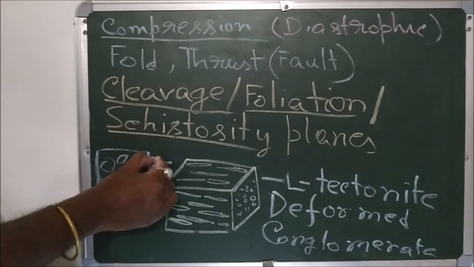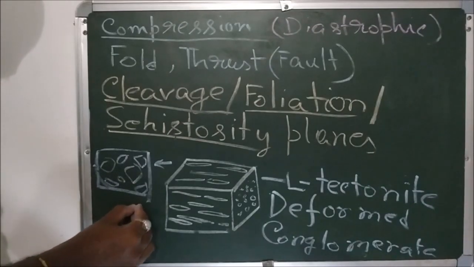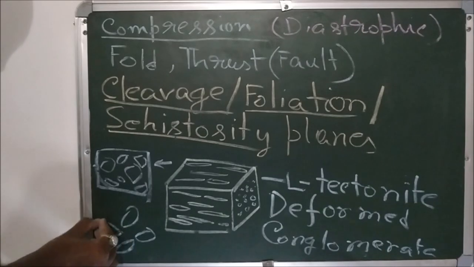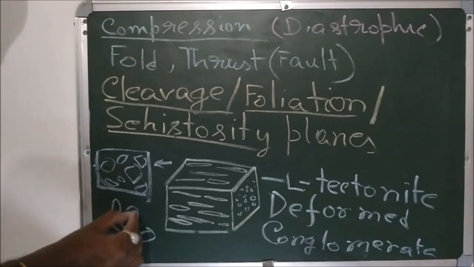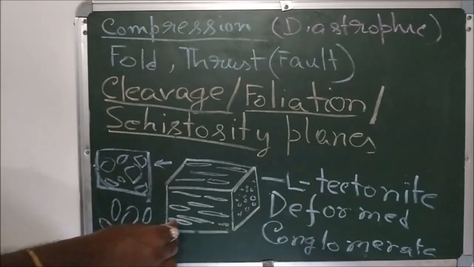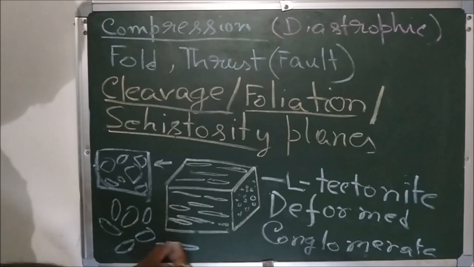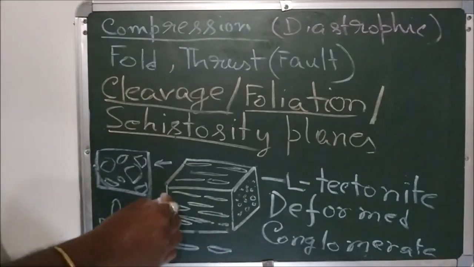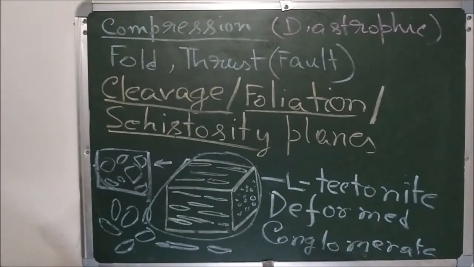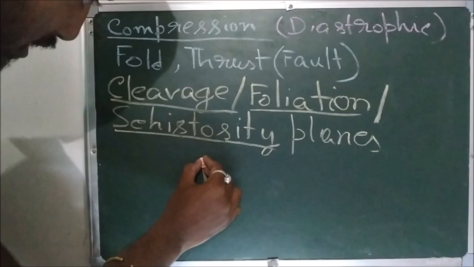So if we compress this conglomerate, these grains will deform into an ellipsoid structure. With extreme deformation, this ellipse will be more stretched and form the situation like this, L-tectonite.